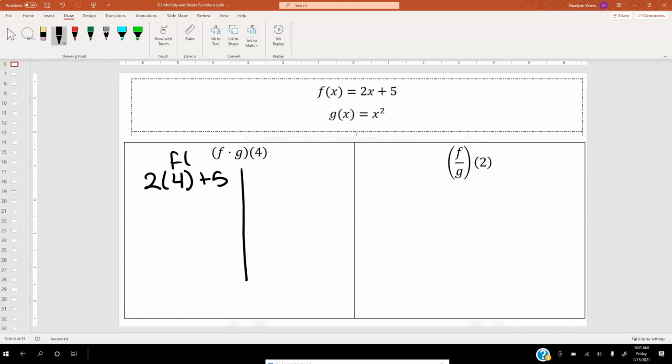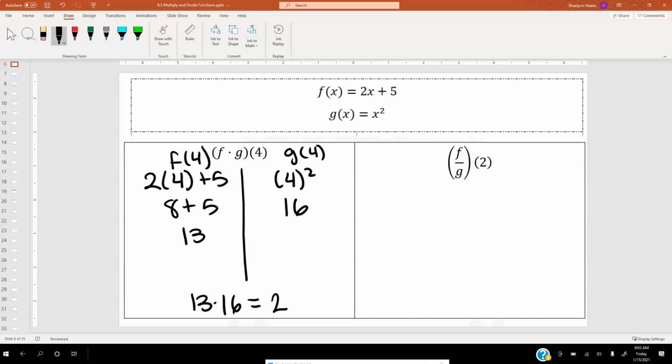So this is f of 4. This becomes 2 times 4 is 8, plus 5 is 13. Then g of 4 will just be 4 squared, because it's x squared, which is 16. So then I'm going to do 13 times 16, which is equal to 208.